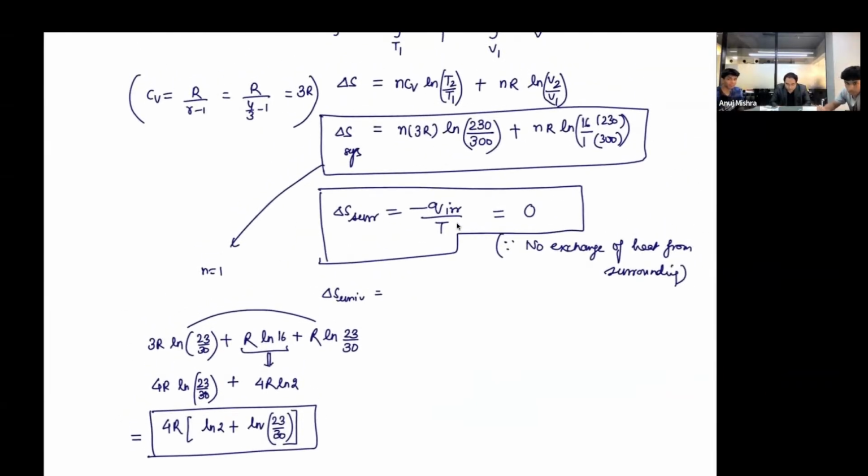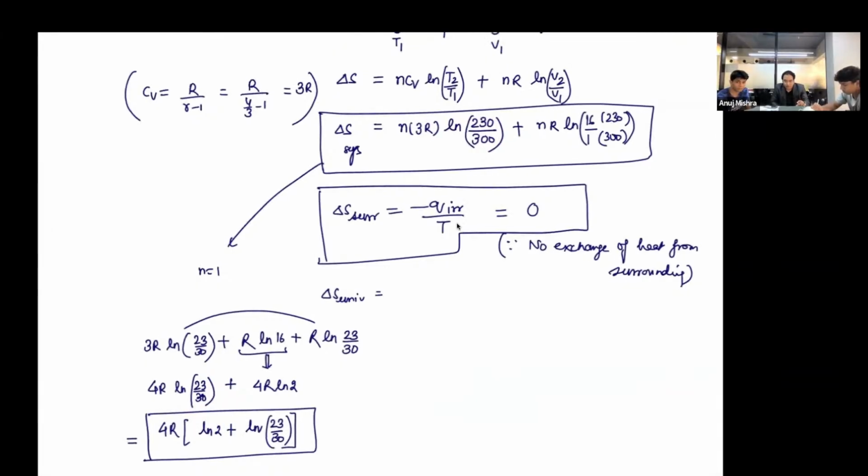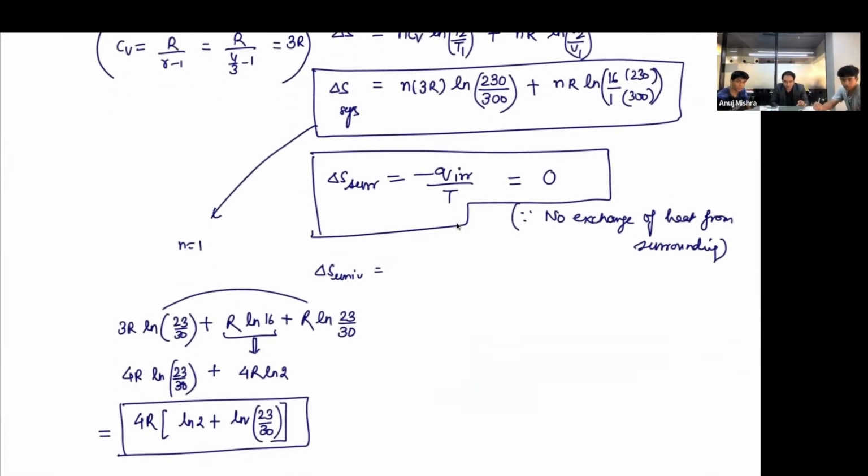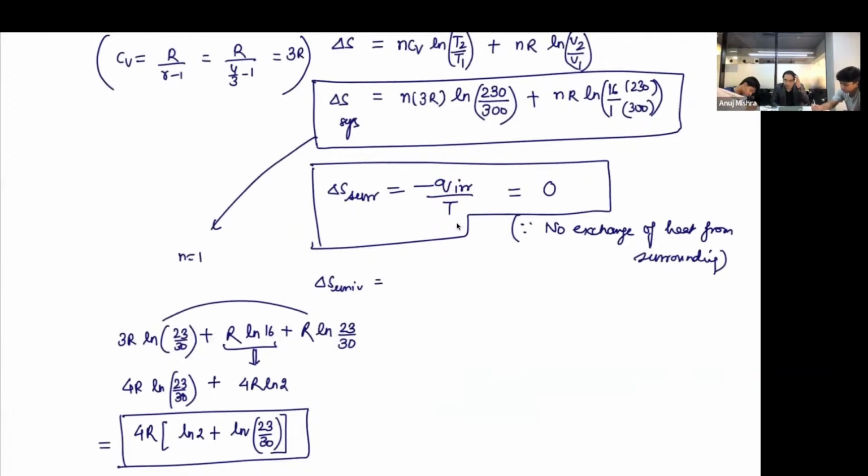How do you solve that ln part? I'm just keeping it at ln 23/30, then we give the value. Don't worry. And ln 16, I'm writing as ln 2 power 4. This becomes 4 ln 2. Just see the calculation. So I'm just trying to simplify this whole thing. Simplify and write the value.